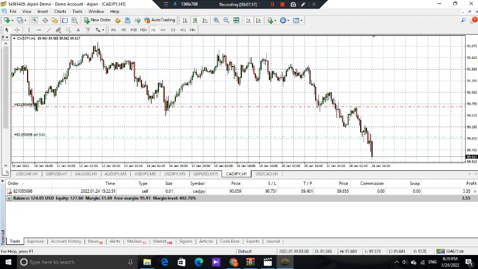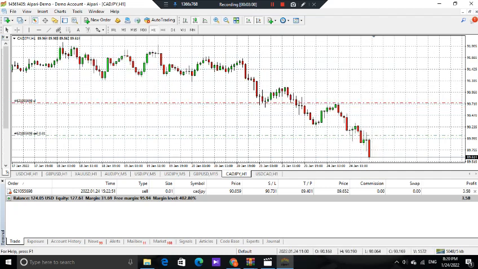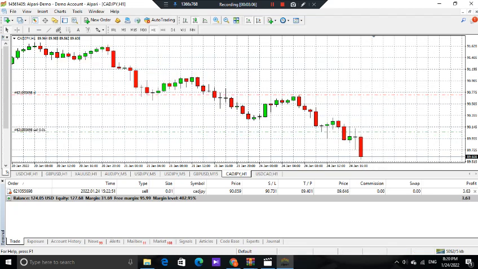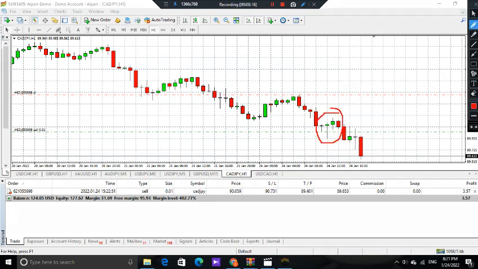I entered the position with a sell stop order right after this pullback here, as you can see. And yeah, I'm in profit.